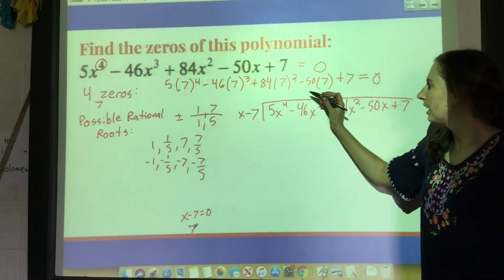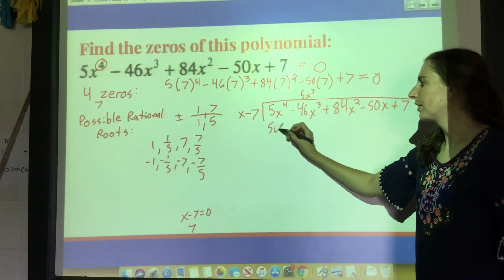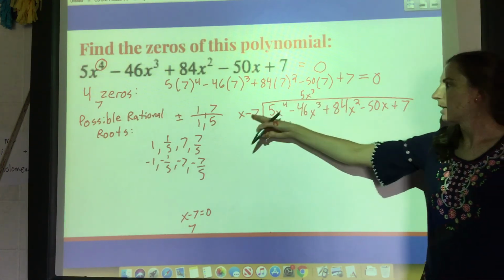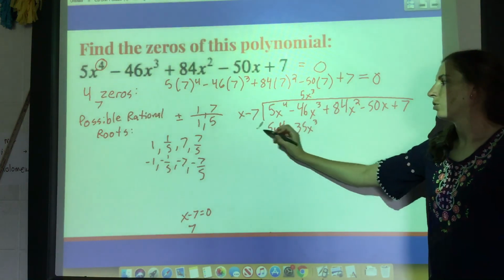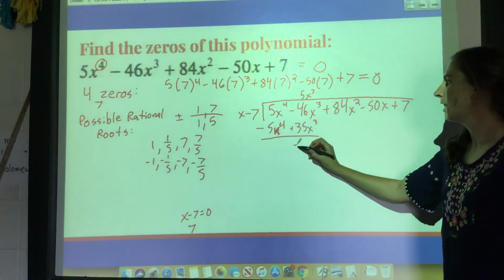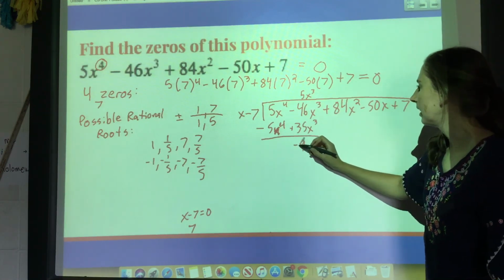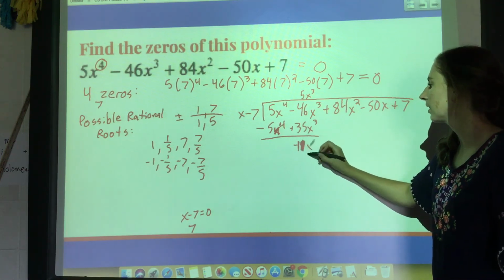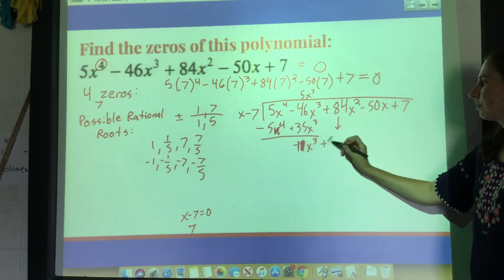So I'm going to need 5x cubed times x to give me 5x to the fourth. And this times negative 7 is negative 35x cubed. Subtract, subtract. That's going to be negative 9. Oh, sorry, negative 11x cubed. And then bring down the next one.